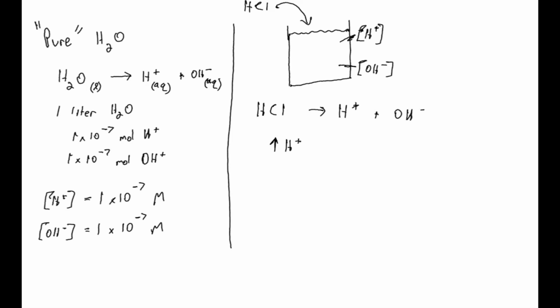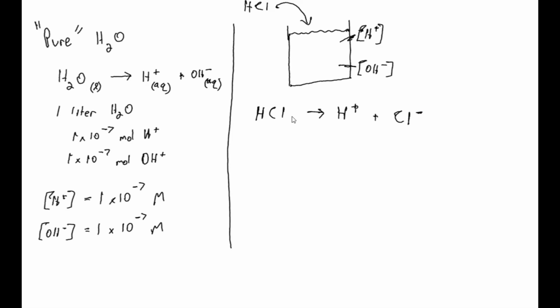What's less obvious is the effect on the hydroxide ions. Now you might think that adding HCl would have no effect on the hydroxide ions. Now HCl is highly soluble. So the moment we put it in the solution, we're going to have it dissolve into H plus and Cl minus.